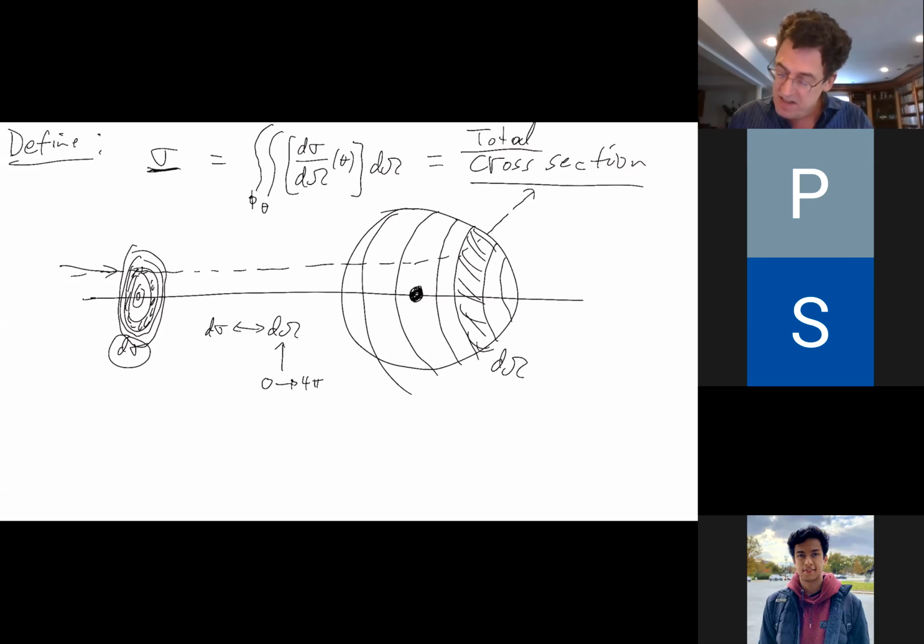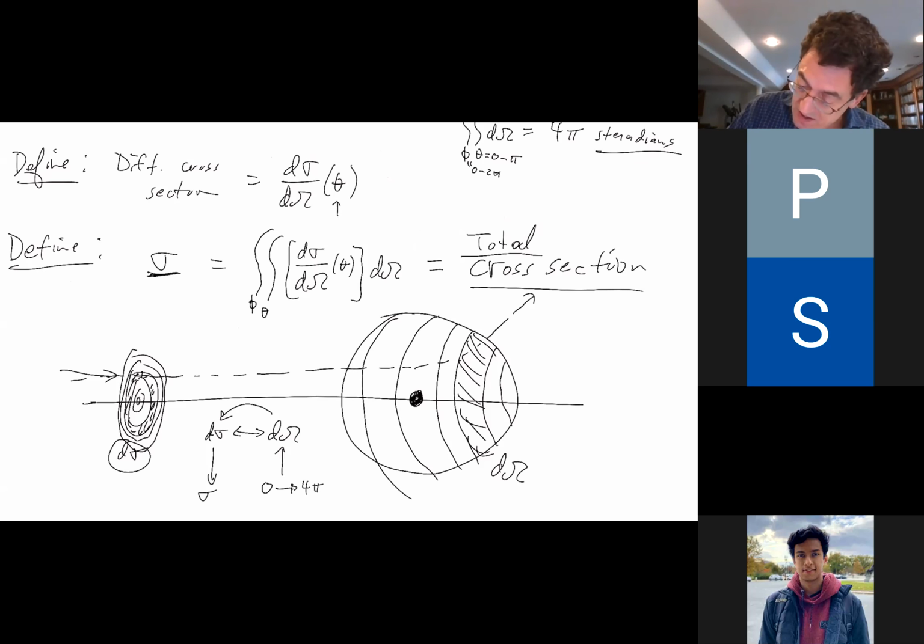And so then that means that if I add up all the little rings of the tree, that finite amount of solid angle has to map, because I'm mapping solid angle back to area, to a finite area. And that finite area is the cross section, the total cross section. So that's what this integral is telling us. It's just adding it all up.